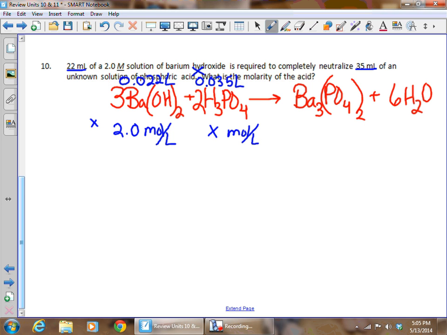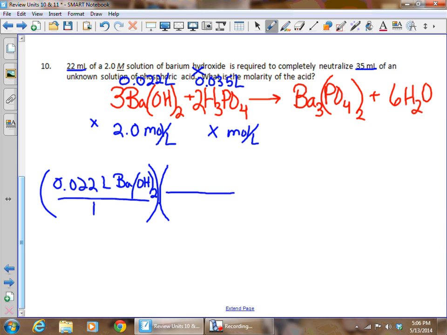So it looks like we're starting with the 0.022 liters of barium hydroxide. And the value that we're going to use with that, we need liters on the bottom, so it looks like an understood 1 liter of barium hydroxide for every 2.0 moles of barium hydroxide.